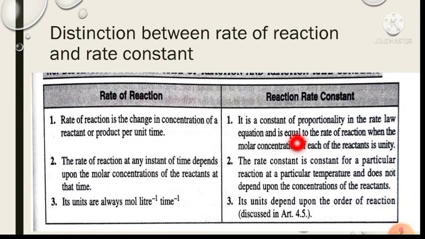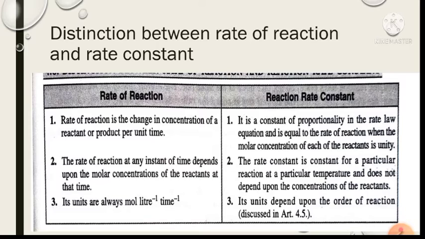That means if we take the molar concentration of all reactants as unity, that means 1 molar concentration, at a particular temperature, then its rate will be constant. What will we call that? Reaction rate constant.